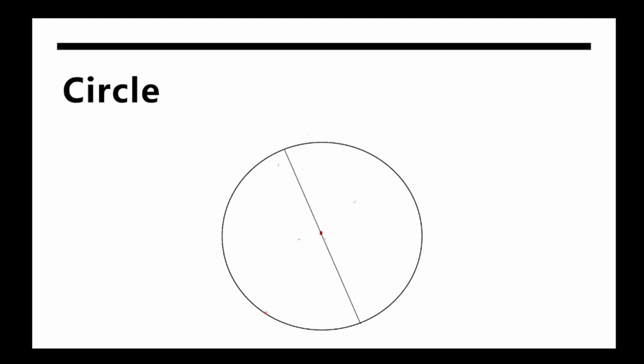And since this is the diameter, if there's any triangle formed on the diameter with the other vertex on the circumference, the angle on the circumference will be 90. And here will be also 90.